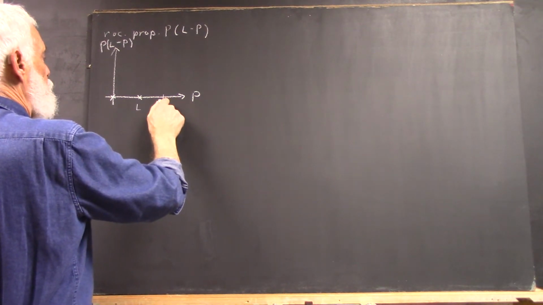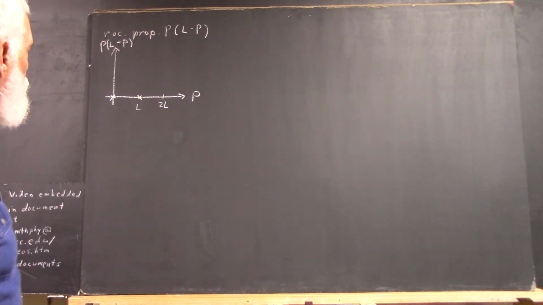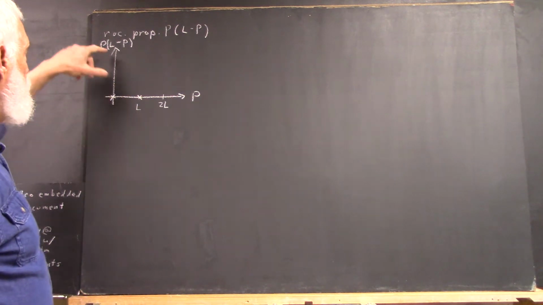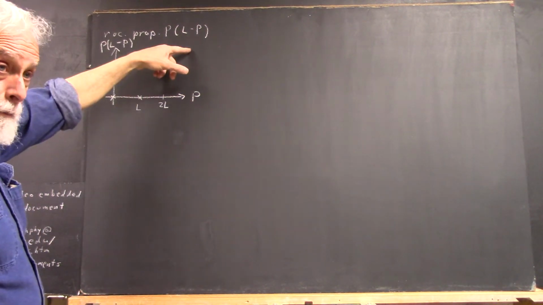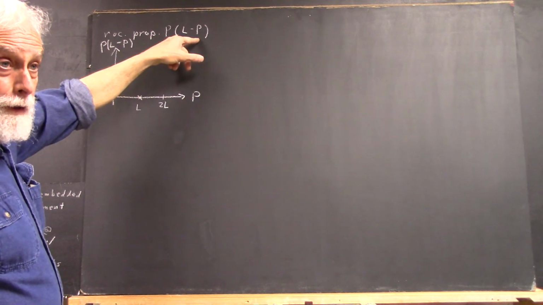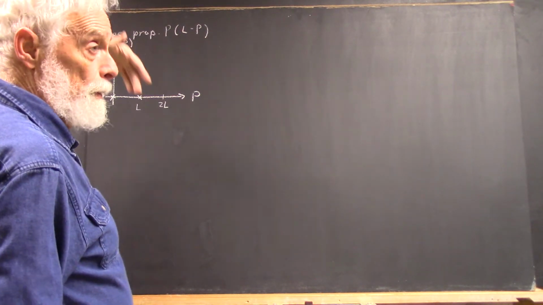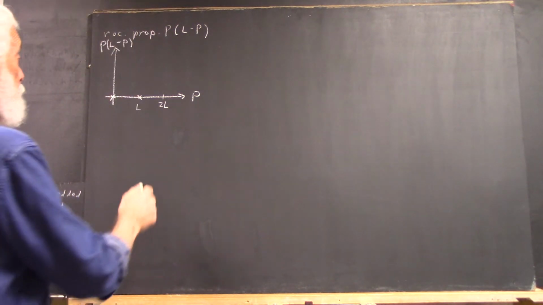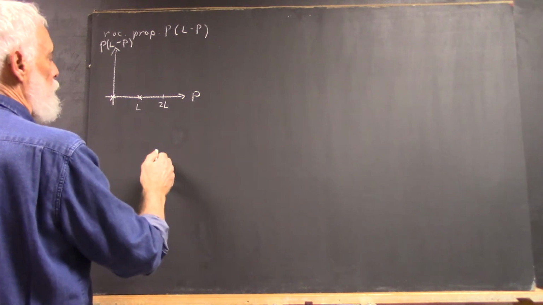So if 2L is here, what's the coordinate of this point? Well, if p equals 2L, then L minus 2L is going to be negative L, times 2L is going to be negative 2L squared, right? So we're going to come down to something like negative 2L squared here.